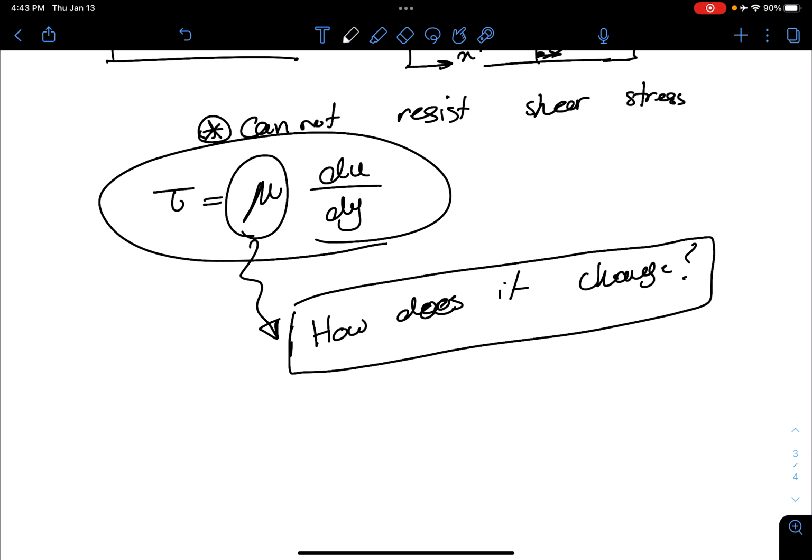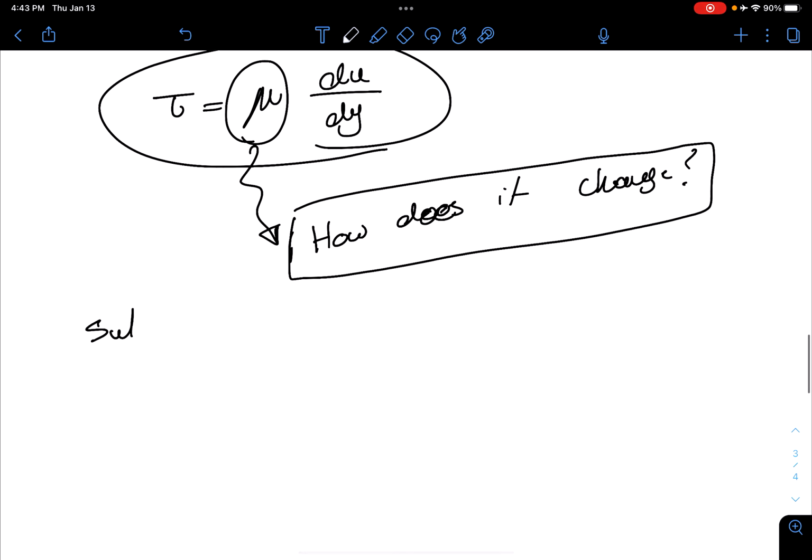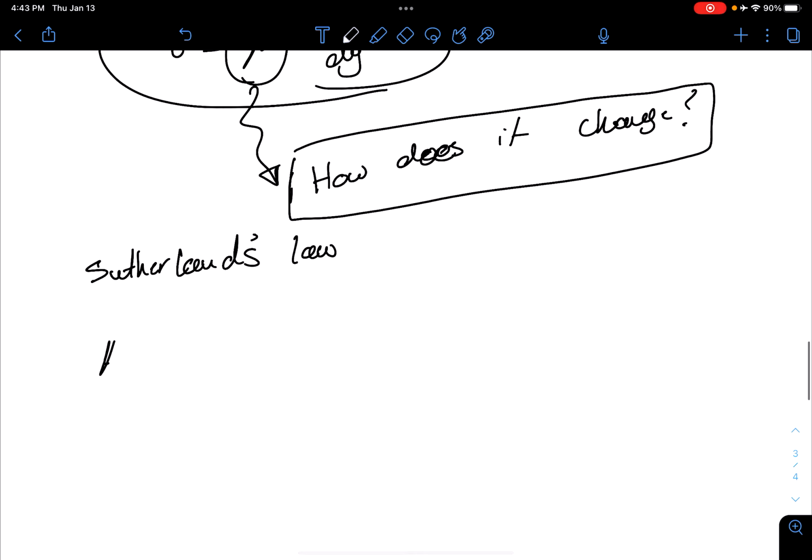And there are different laws that actually tell us how viscosity changes with temperature, right? One of these laws that I have included in my lecture notes is Sutherland's law, which tells us that viscosity is a function of temperature to the power 1.5 for air.